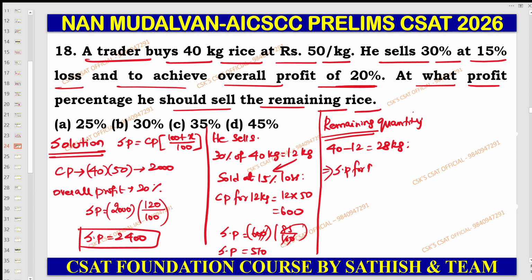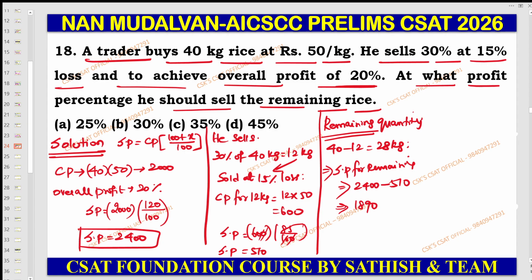Selling price for the remaining: your total SP here is 2400, that 12 kg was 510, so the remaining 28 kg must be sold at a selling price of rupees 1890.